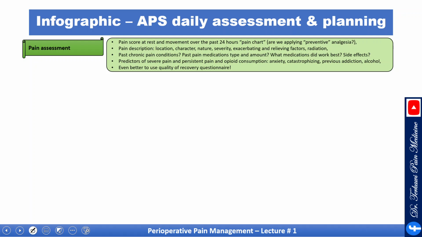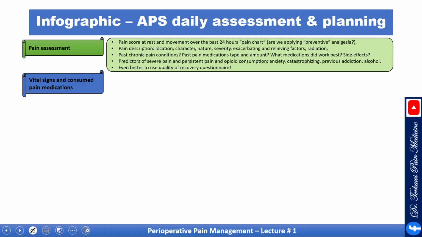Look for predictors of severe pain and persistent pain and opioid consumption, as we mentioned: anxiety, catastrophizing, previous addiction, alcohol, smoking, substance abuse, etc. And it's even better if you can use a quality of recovery questionnaire.